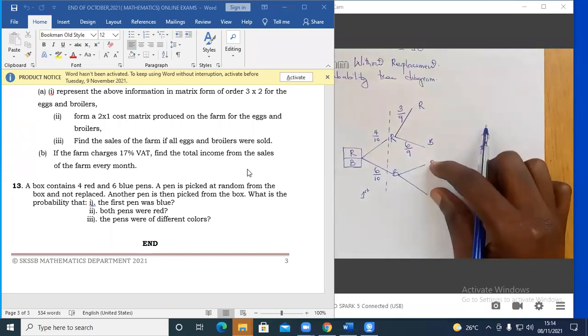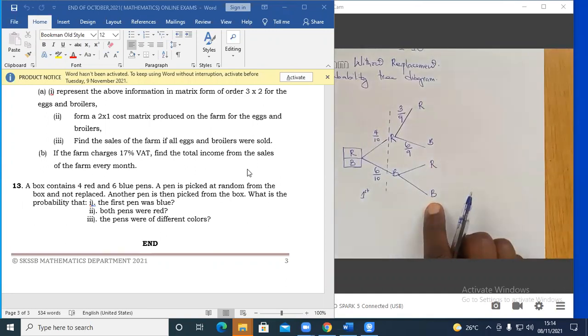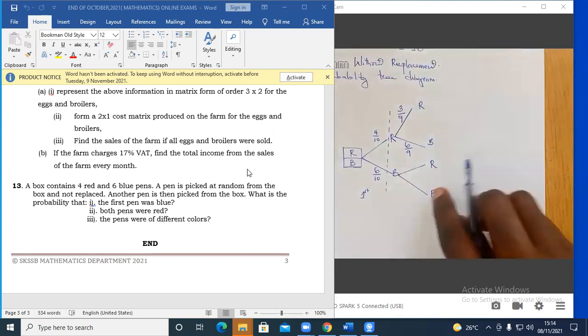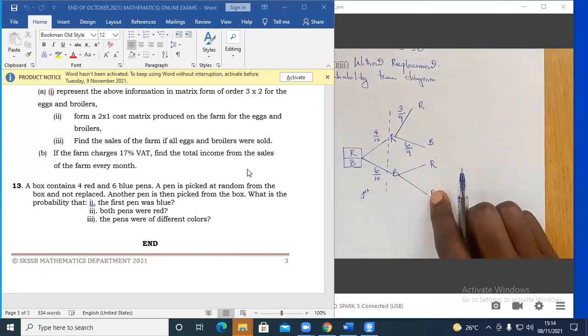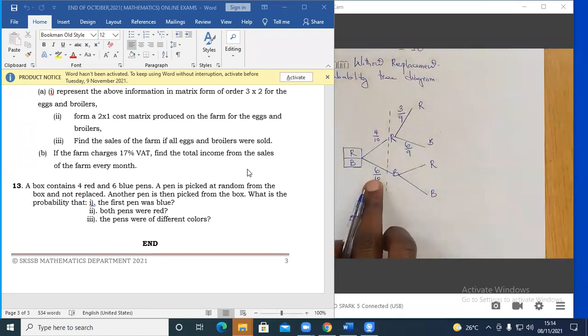When I come to the second branch, I will assume that I've picked a blue. Remember, here we assumed we picked a red. Now, if you have picked a blue, what is the probability of picking a blue now?